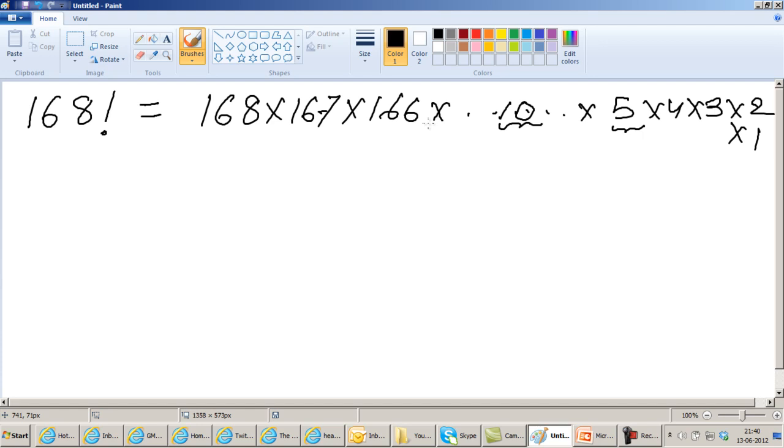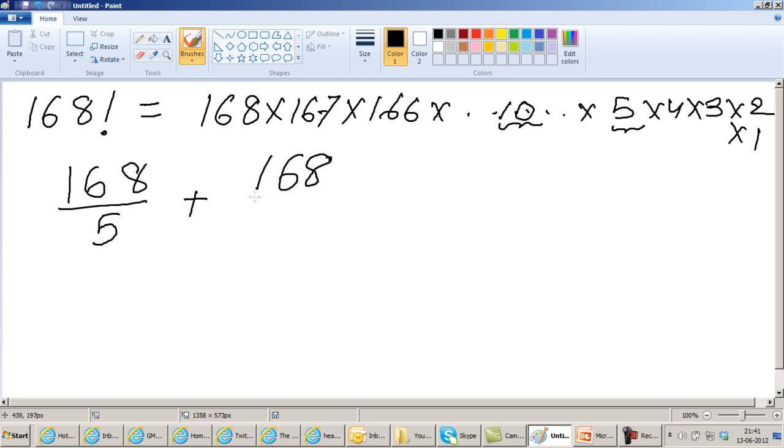But here we have factorial 168, so the maximum number in this expression is 168, which is less than 625. So we don't need to worry about anything beyond 168. So how do we get the number of 5s here? The easiest way is to divide 168 by 5. It will give you all the number of 5s, okay? Then you have an additional 5 at every 25th number, right?